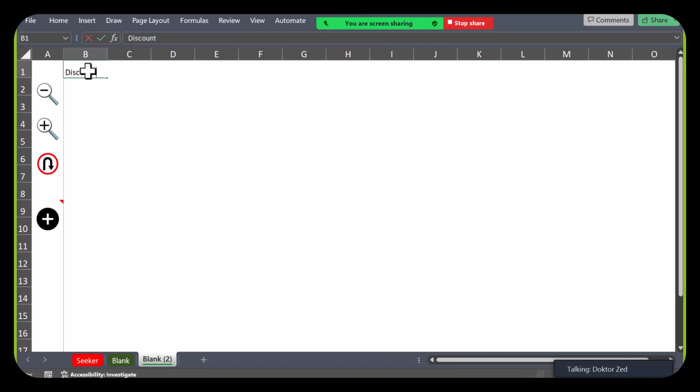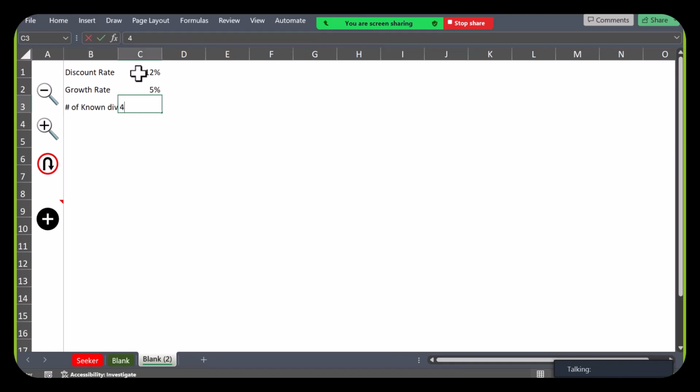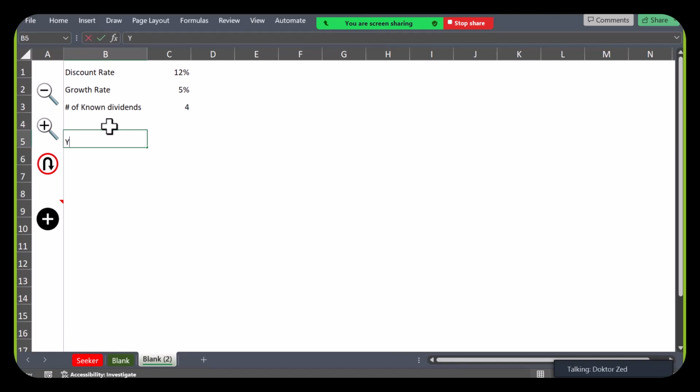If only I could spell. Number of known dividends for, okay. So let's do this.